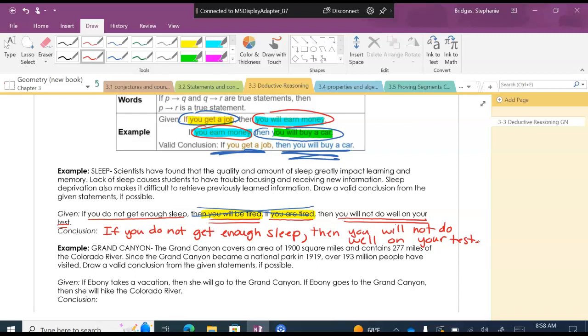Okay, we're reading that second example there about the Grand Canyon. It tells you what it's given. I want to know, can you make a valid conclusion using the law of syllogism?